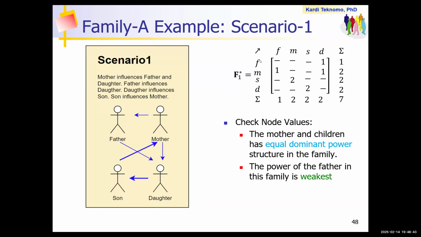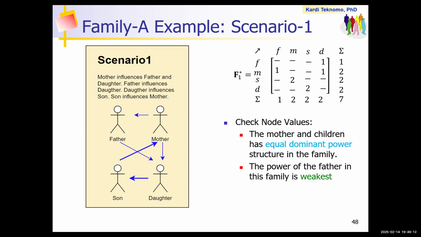And then you get the sum. You see, based on the structure alone, I did not even know the strength of the influence. I can guess that the mother, the son and the daughter have equal dominant power. The father is the weakest in this family. With this, now you can start to check the actual power balance within your own respective family.